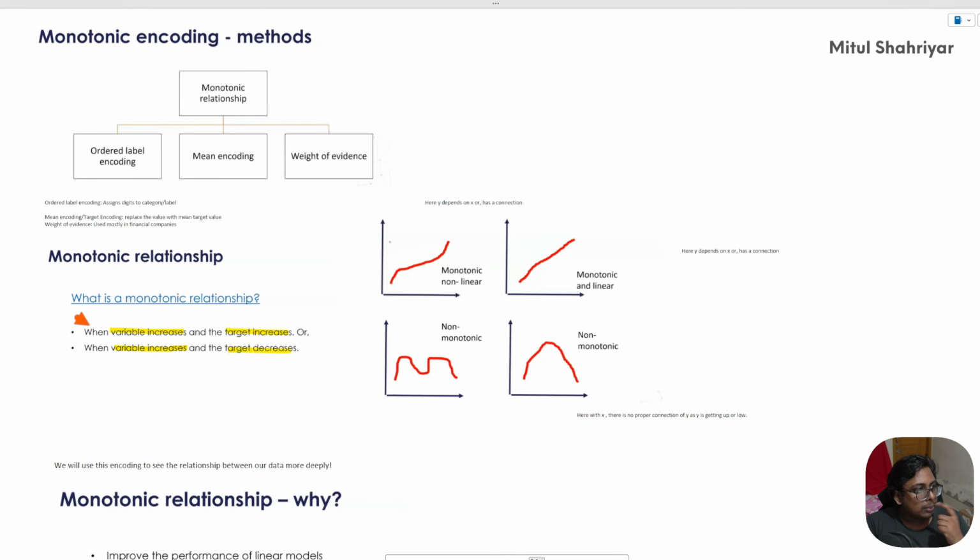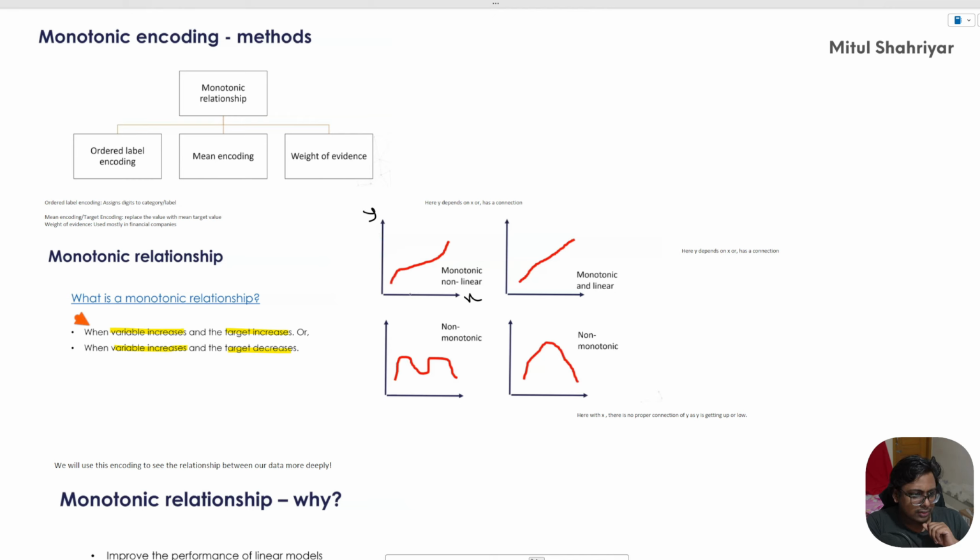Now let's look at the monotonic encoding methods. Okay, what is monotonic? Monotonic is basically finding a relationship. Just look at this graph. This is x and this is our y, right? You can see it is increasing.